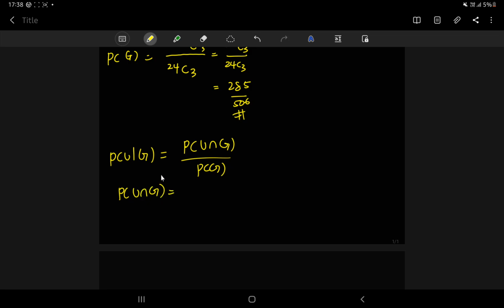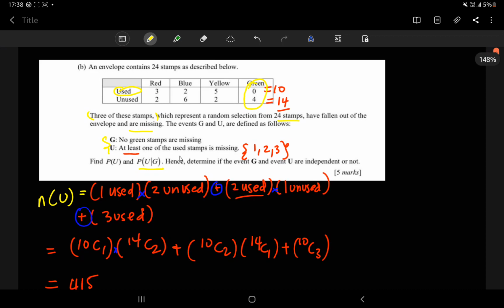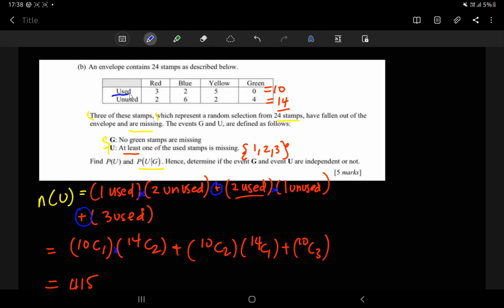Probability of u intersection g is defined as the probability of at least one of the u stem is missing and no green stem are missing, which means that we need to focus on the use row. Okay, this row.